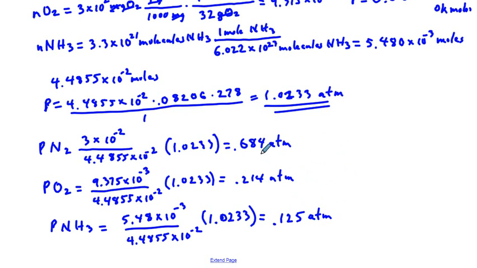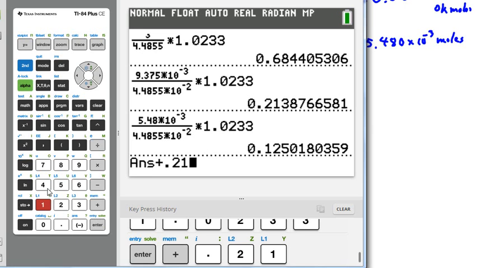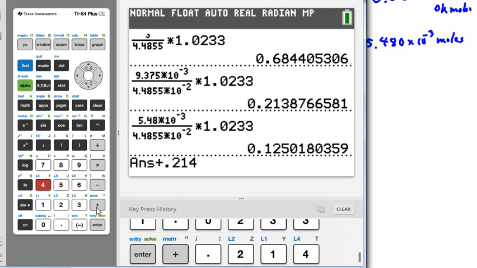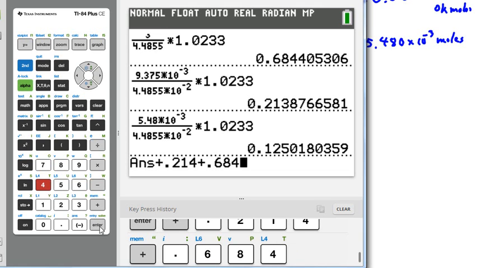And then as a last check, we can add these three together and see if we get our total atmosphere, just a final arithmetic check. We have 0.125, then we add the 0.214 for the partial pressure of oxygen, plus the 0.684 atmospheres of nitrogen.